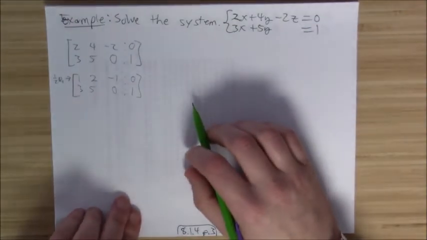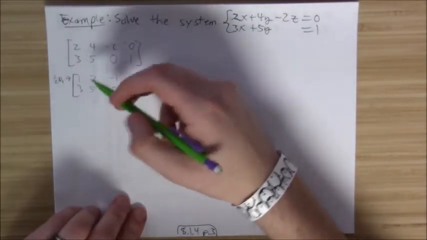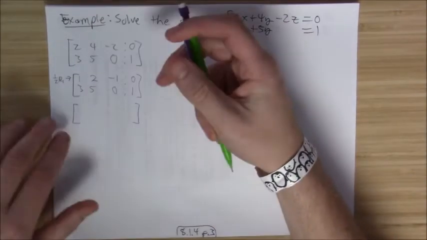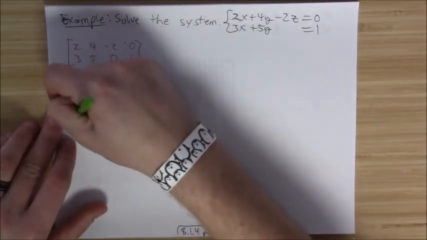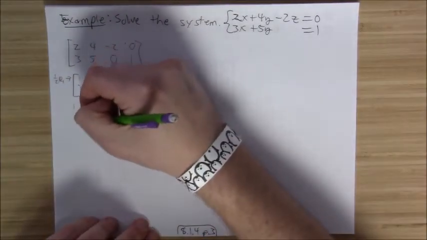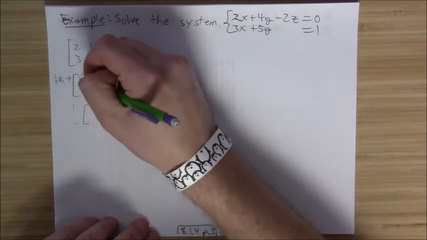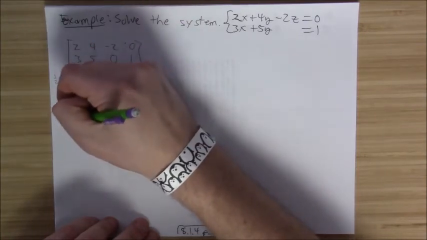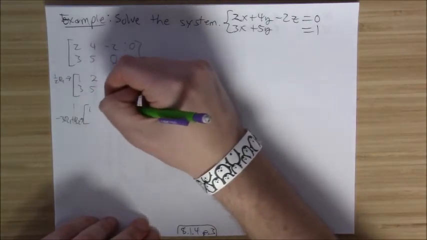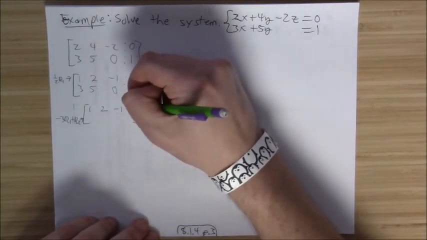If we do -3 times row 1 and add it to row 2, then we would still have 1, 2, -1, 0 there.